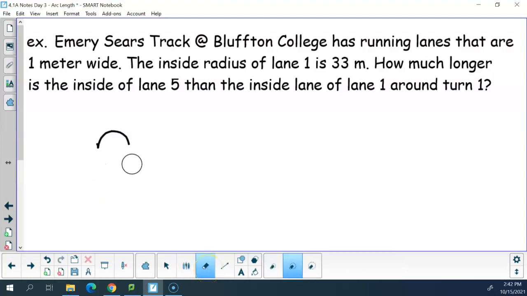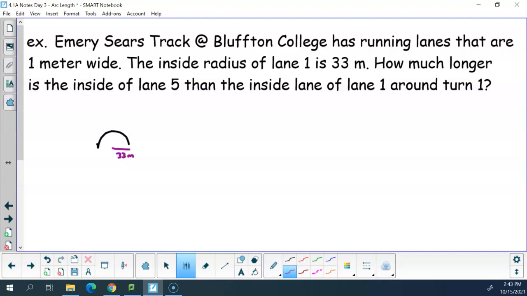So right there is turn 1, right? Correct. So this is saying that this distance here is 33 meters. That's the inside arc of turn 1.